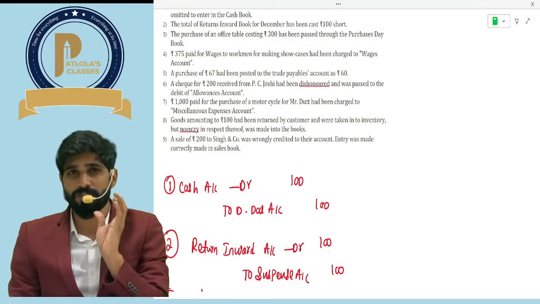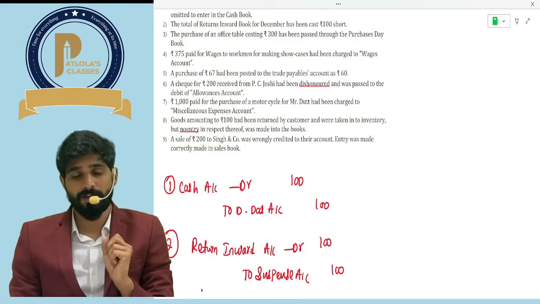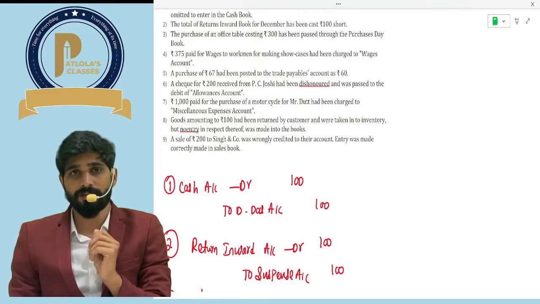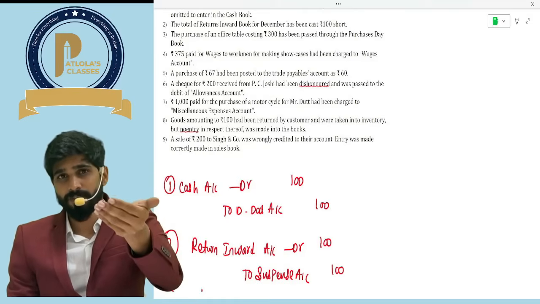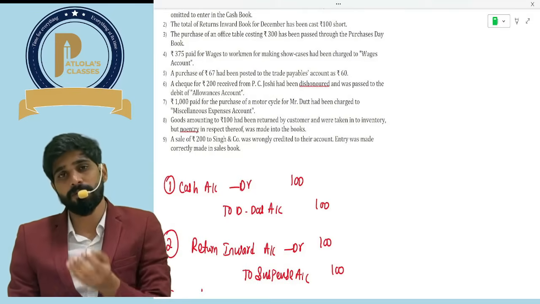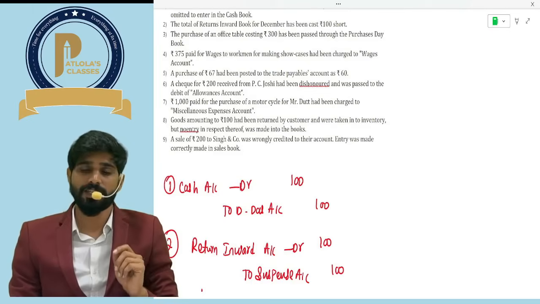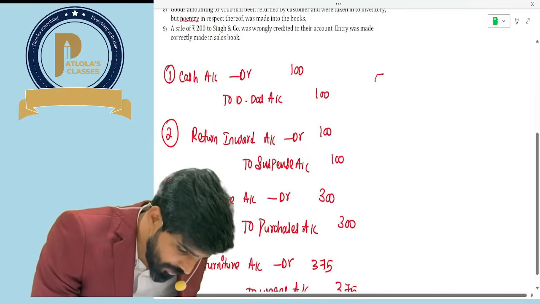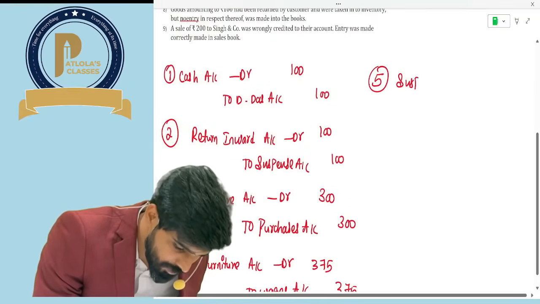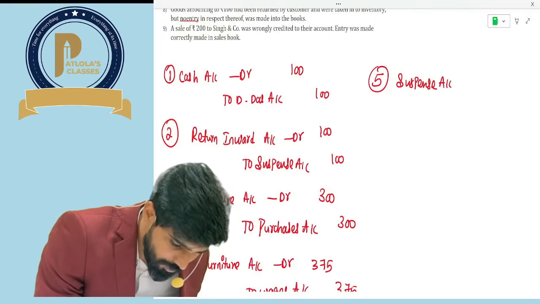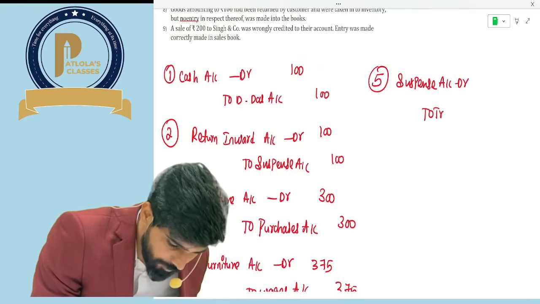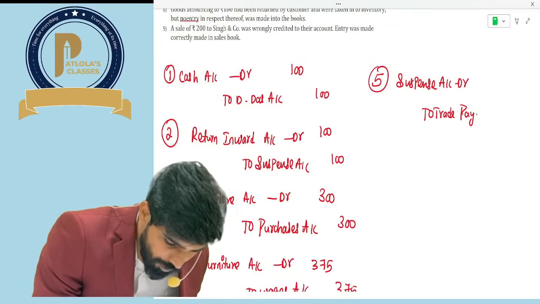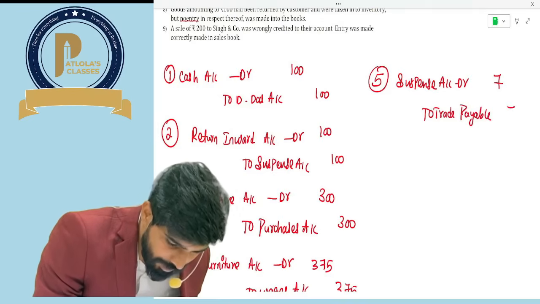Suspense will have a credit balance of 7. Now that we are rectifying that error, suspense account should be debited, and in order to increase, trade payable account has to be credited by 7. So what is the rectification entry? Suspense account debit to trade payable. How much is that? It would be 7 and 7.